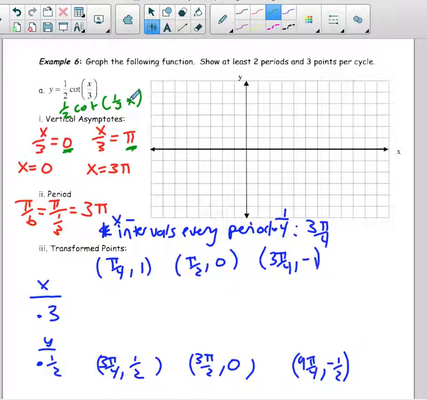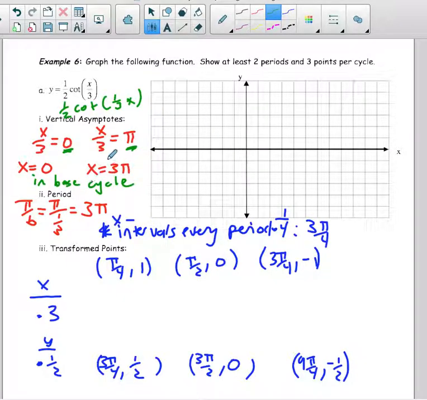So we have x over 3 instead of x, like in the parent function. So we set whatever is inside the cotangent function, x over 3, equal to 0, and also equal to pi. When we solve those for x, these are our vertical asymptotes, and this is in the base cycle, right? In one cycle, the one nearest the origin.